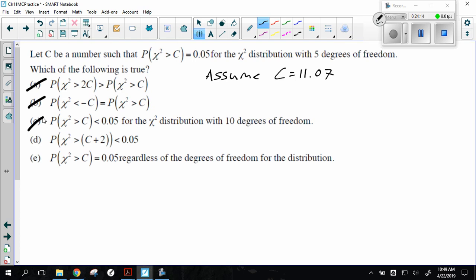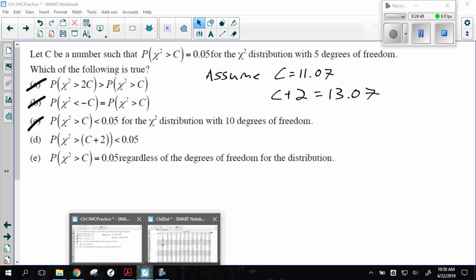The probability of our critical value plus 2 is going to be less than 0.05. In other words, assuming 13.07 is the critical value, or sorry, I keep saying critical value because of C, is the probability of that chi-square statistic occurring less than 0.05?